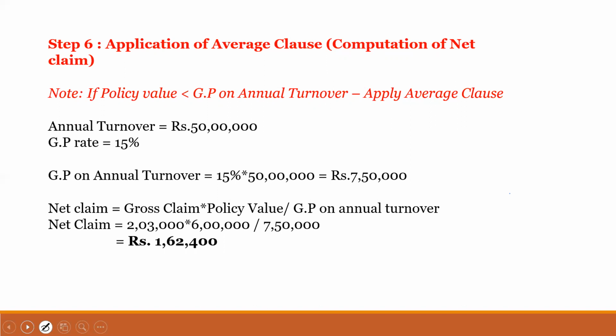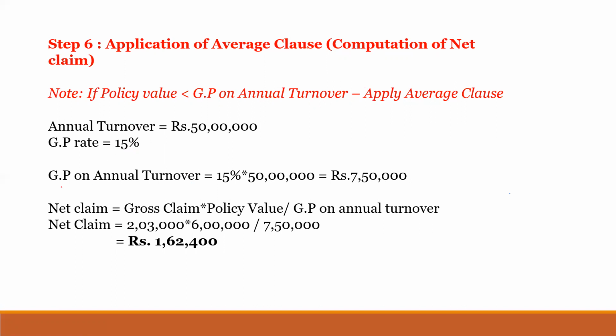Since it is loss of profit policy here, if the policy value is less than the gross profit on annual turnover, then there is an application of average clause. So here the annual turnover is 50 lakh and the gross profit rate is 15%.